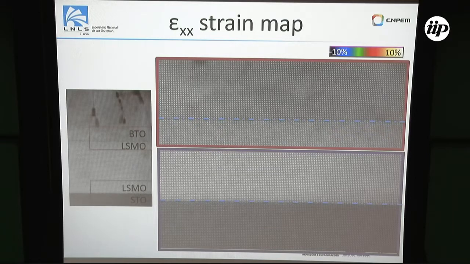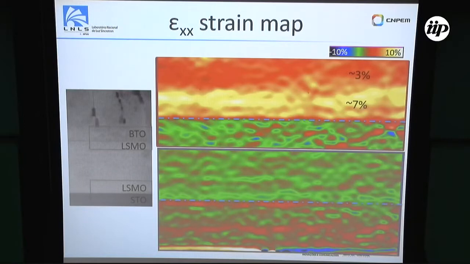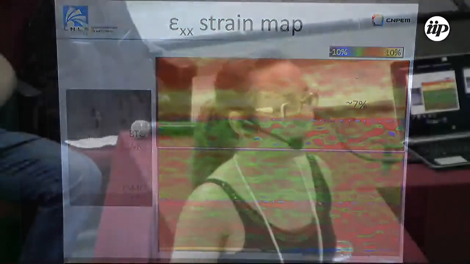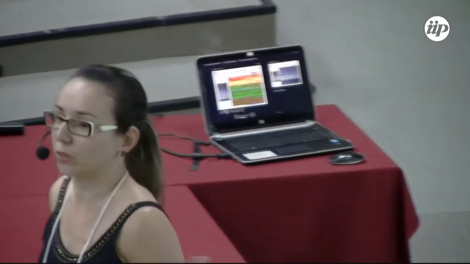And now, to see better, we performed the strain map. In the in-plane direction, what we have here is that, okay, we don't have much strain at the interface, but exactly when the barium titanate starts to grow, we have about 7% of strain.